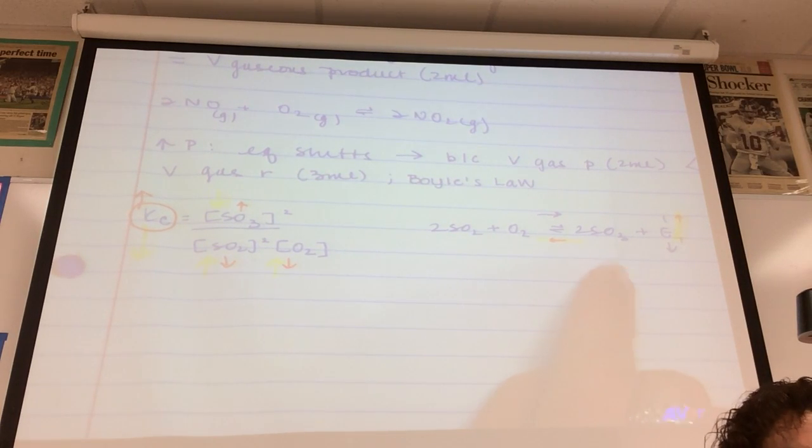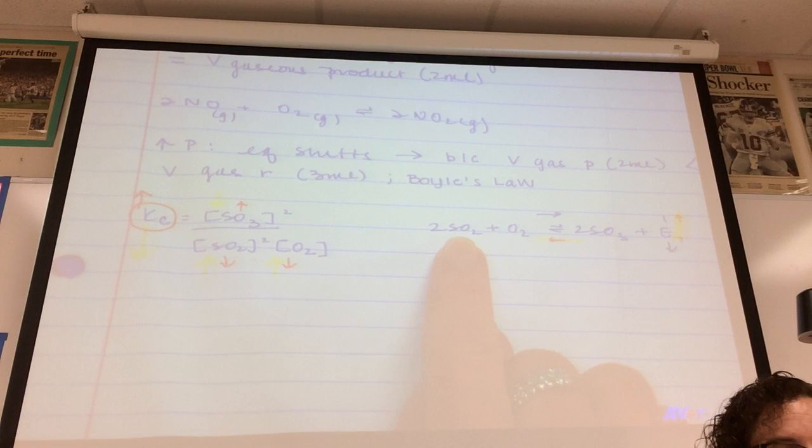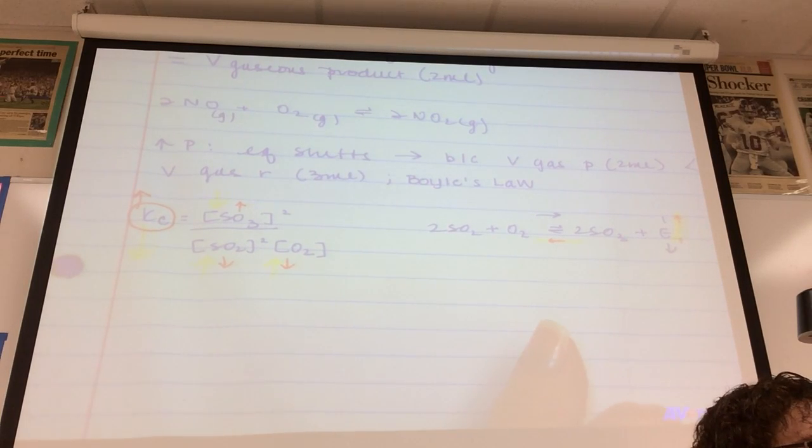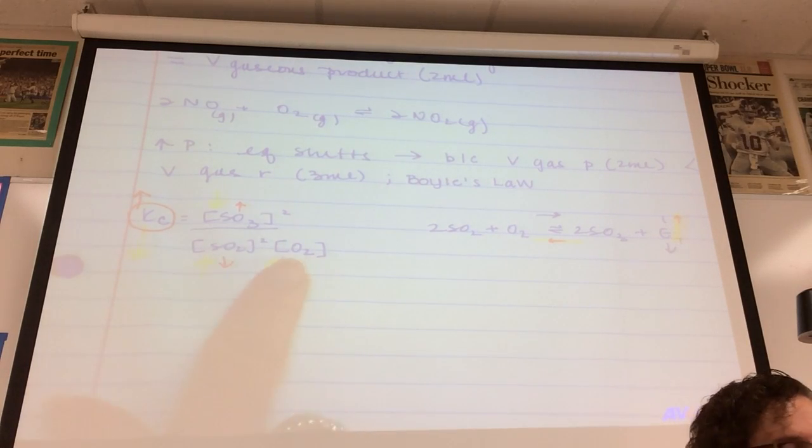If you increase pressure, equilibrium shifts to the right, because the volume of gaseous product, which is 2 mols, is less than the volume of gaseous reactant, which is 3 mols. When you increase pressure, equilibrium shifts to the side with the smaller volume of gas. Why wouldn't concentration affect Kc? Because it equilibrates out.